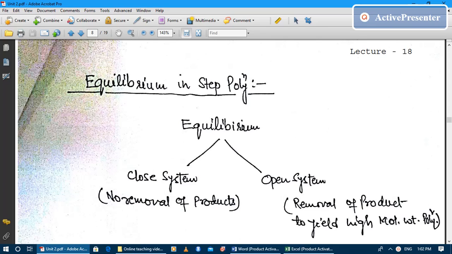So, this step polymerization reaction can proceed in two types of system. One is the closed system, another one is the open system.